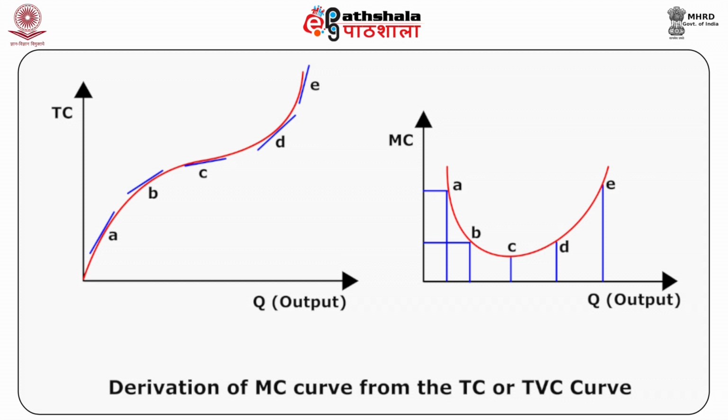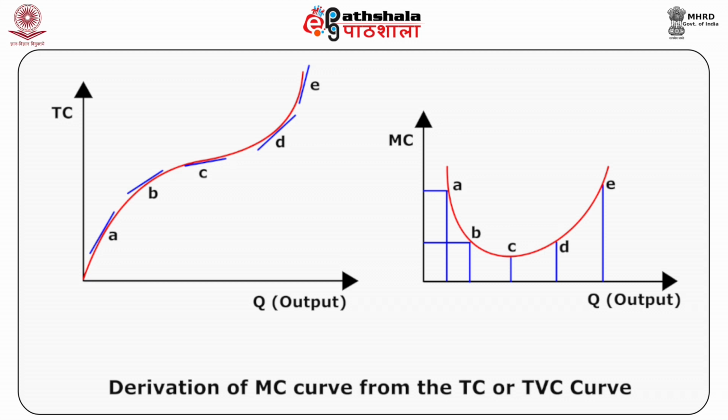So similarly over here, C is the minimum point of the marginal cost curve, and therefore at this point the slope of the marginal cost curve is 0. That means there is no further decline in the marginal cost.